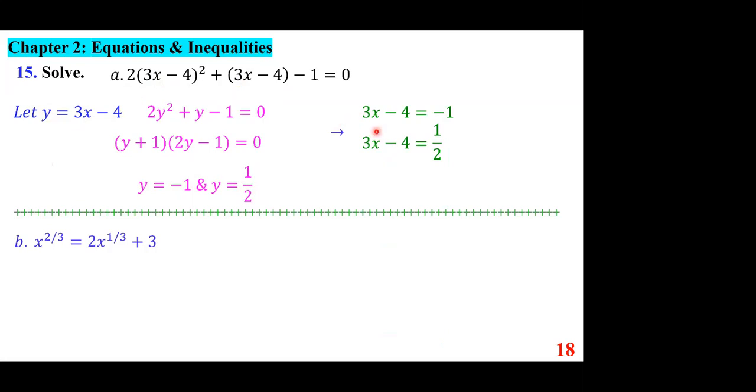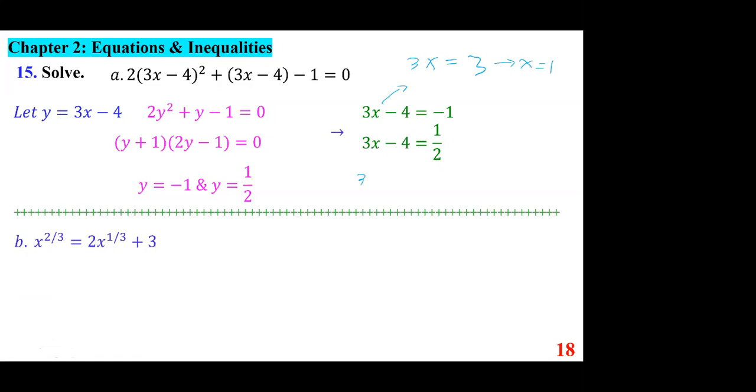3x minus 4 is -1 or 1/2. Now, of course, this one says 3x is what? 3, right? Because you add the 4, so x is 1.